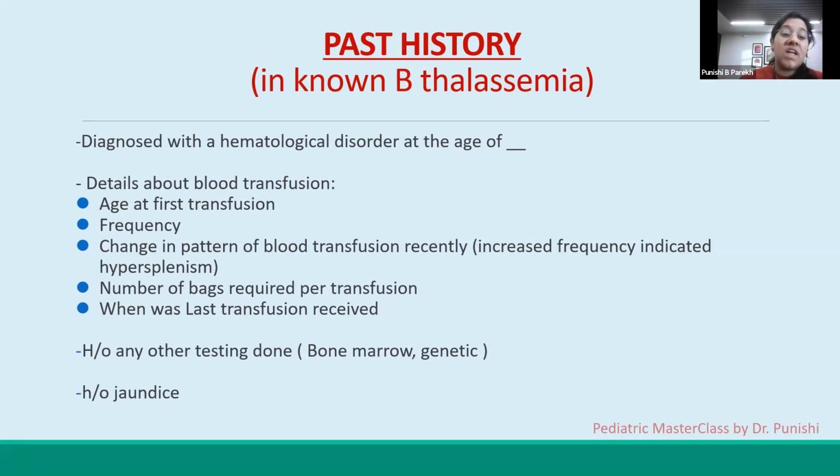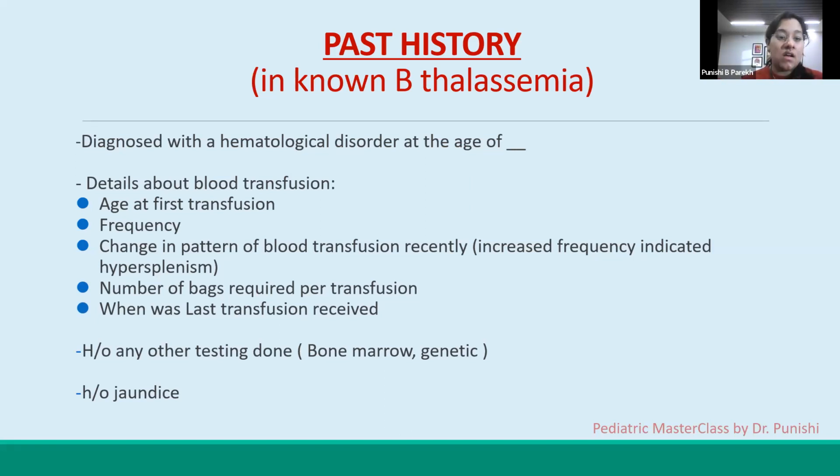Other than that, you'll also ask for any other testing, whether a bone marrow has been done, or genetic testing has been done. Nowadays, for a lot of beta thalassemics, when we're diagnosing them along with the HPLC, we're also sending genetic testing for thalassemia. Also ask whether the parents have been tested or not. If you have a beta thal major, the parents have to be carriers.